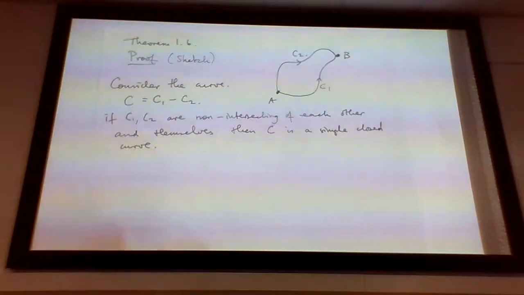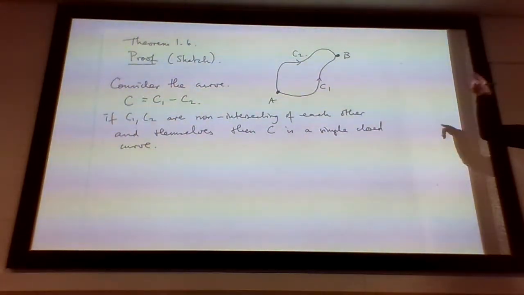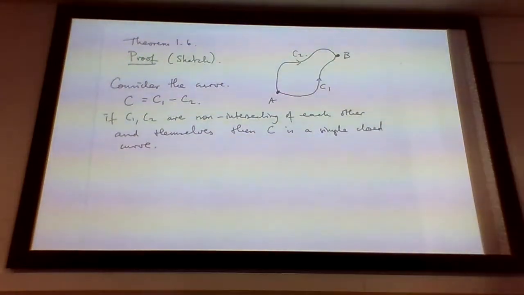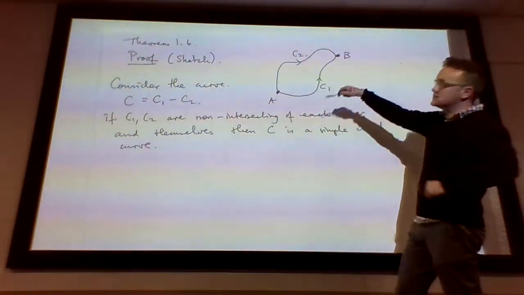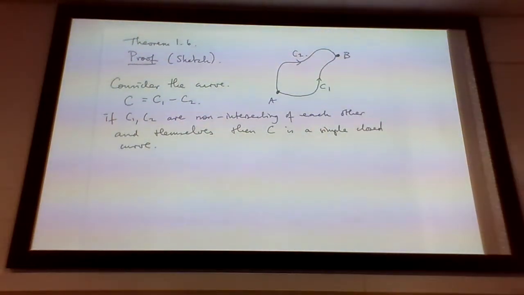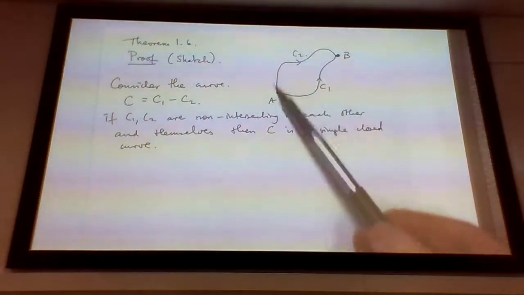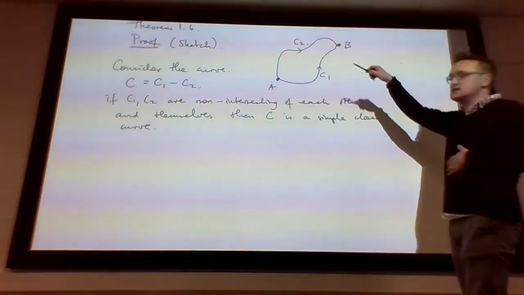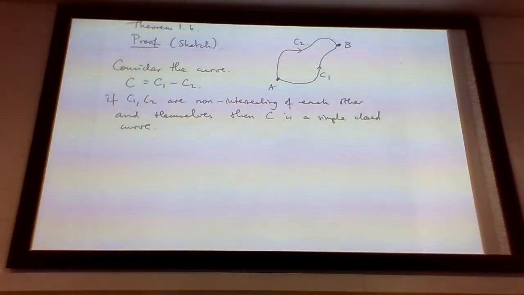So if both the curves C1 and C2 have no self-intersections, and they also don't intersect each other, then when you run the two together, like C1 minus C2, you're going to get a closed simple curve. A closed curve because you're starting at A and returning back to A. And it's going to be simple, with no self-intersections, because neither C1 nor C2 has any.